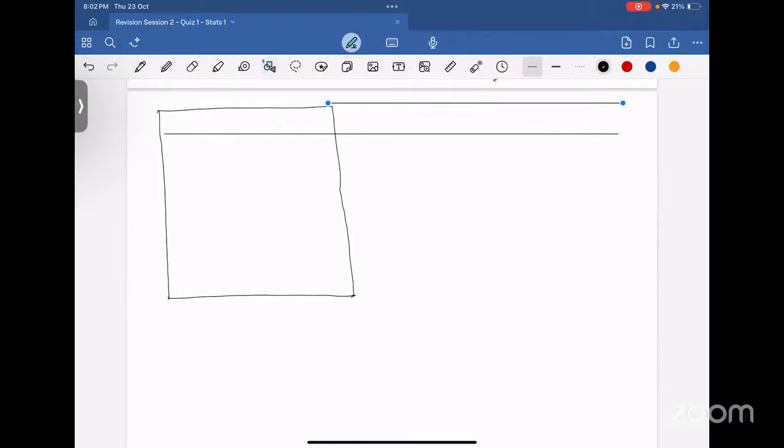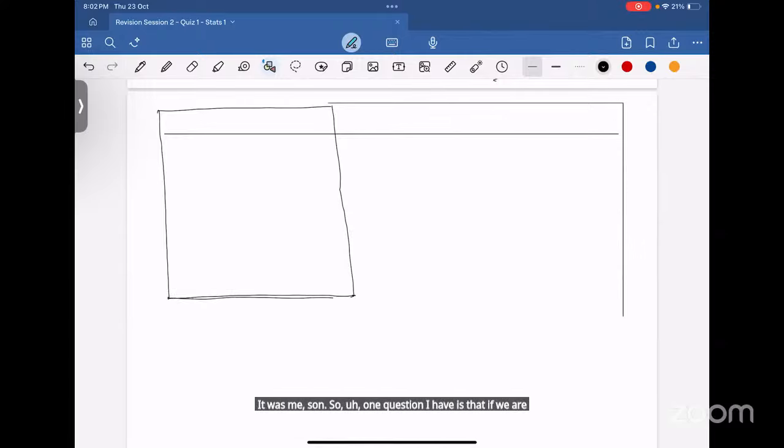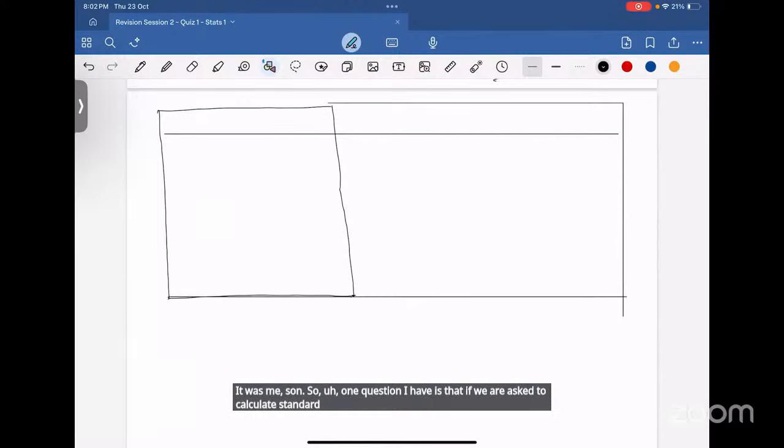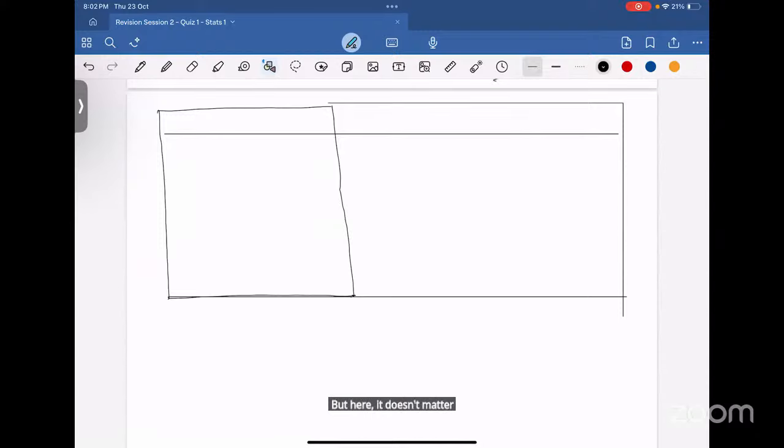Sir, one question I have is that if we are asked to calculate standard deviation, we'll calculate the sample one. But for correlation, it doesn't matter whether it is population or sample. But if we are asked to find the sample standard deviation, we'll find the sample one only. For covariance, it depends on whether they're asking for sample covariance or population covariance.